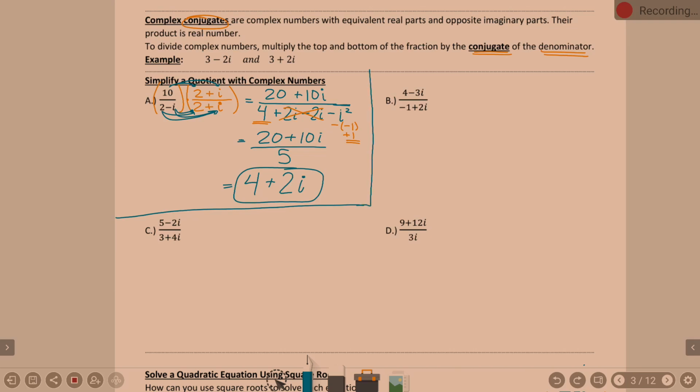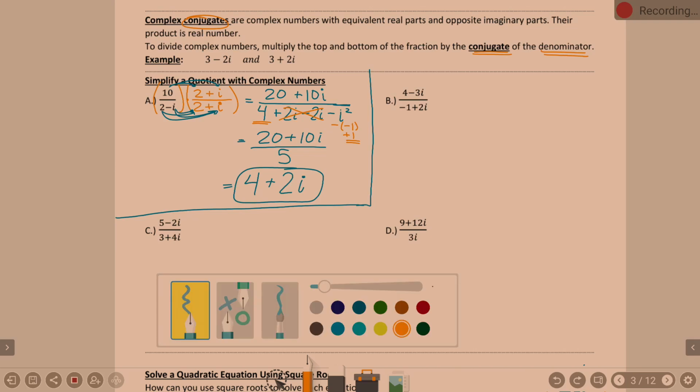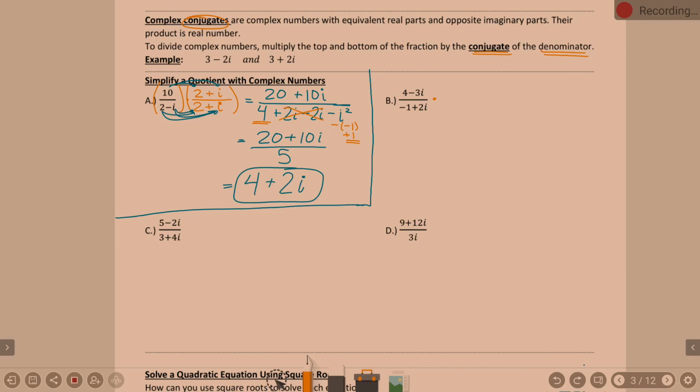So let's look at B. Again, we can't really divide this as is. It's not an easy division problem. So, remember the rule is to multiply top and bottom of the fraction by the conjugate of the denominator. What do I need to multiply by?